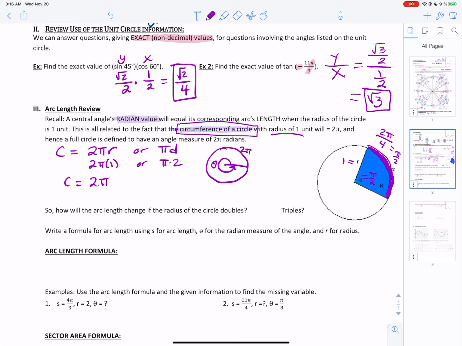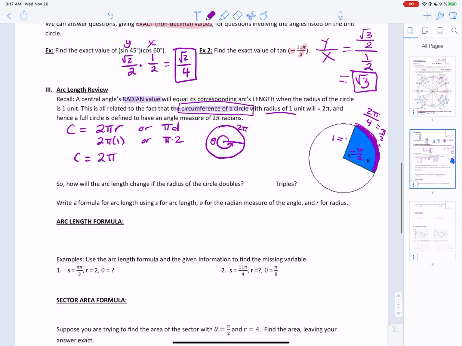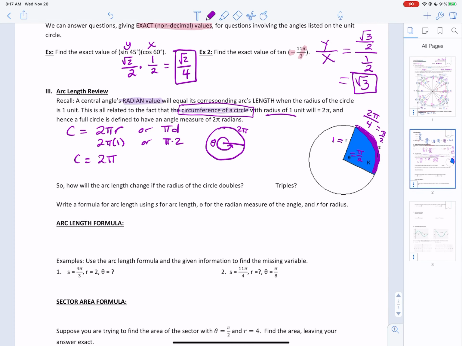So that brings us back to our original conversation, arc length. If our circle is not a radius of 1, what's going to happen to our arc length? If I made the circle bigger on the outside, what is going to happen to the arc length?